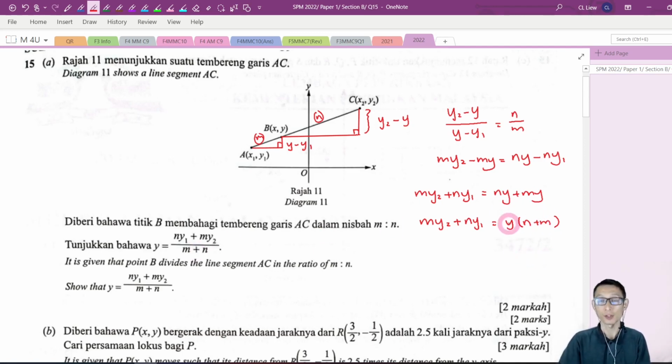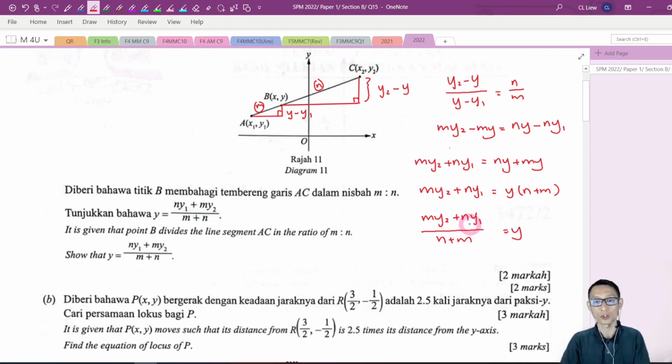So I'm going to move this, because y times this, move to the other side, becomes divide, right? Okay, so m y2 plus n y1 over n plus m is equal to y. Okay, so I just arrange all the terms this way. y is equal to n y1 plus m y2 over m plus n. Because this is plus, you can write this first or write this first, same thing. Same thing here, n plus m and m plus n is the same.